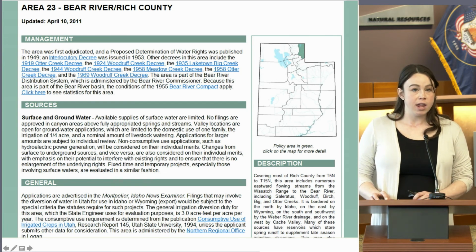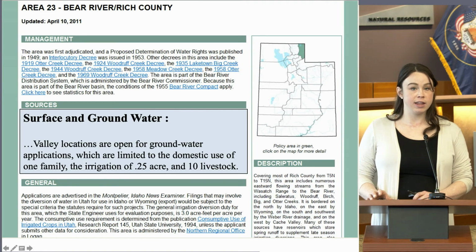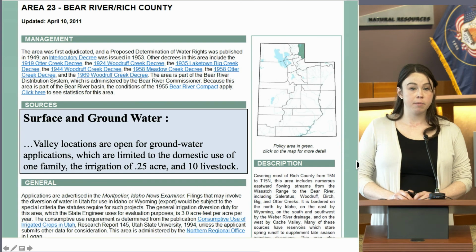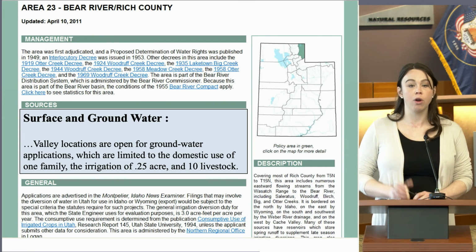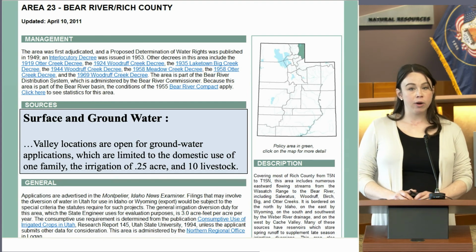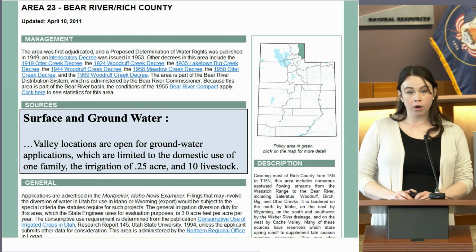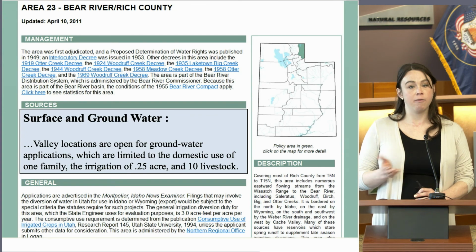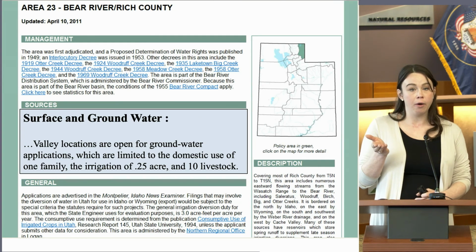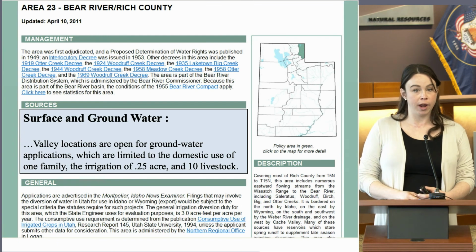So if I were to look closely in this particular area, Rich County, it does look like there are limited sources available, so you can file for a home, a little bit of irrigation, some livestock. Now, some areas are closed to appropriation, which means there is no more water that you can apply for, so you'll have to find water, purchase it, and file a change application. So in this case, though, I just want a little home. I can file an application to appropriate.